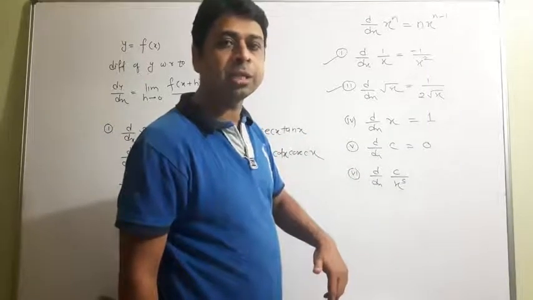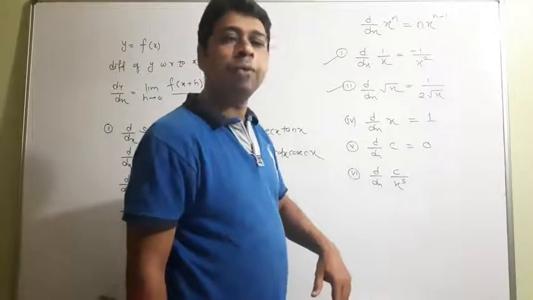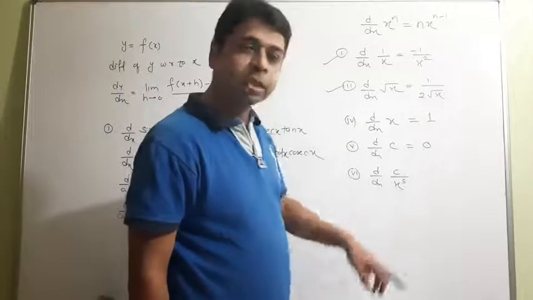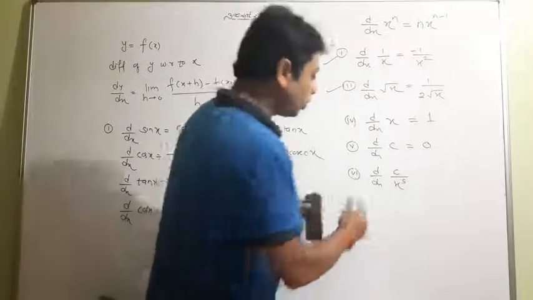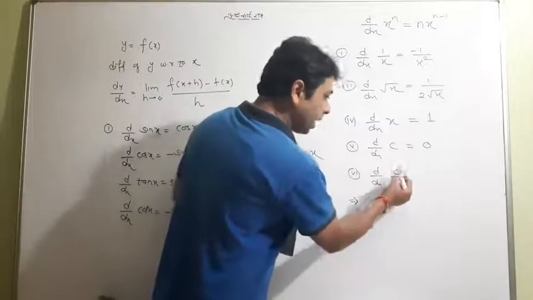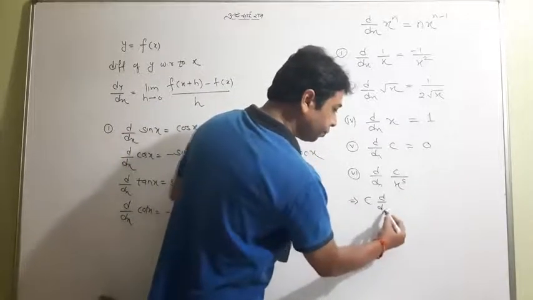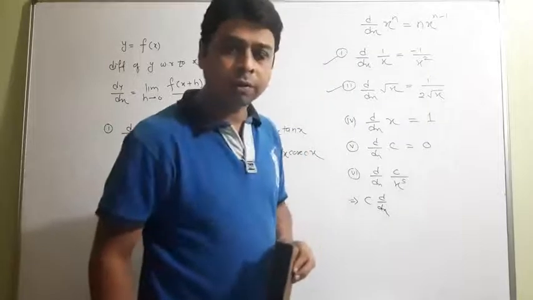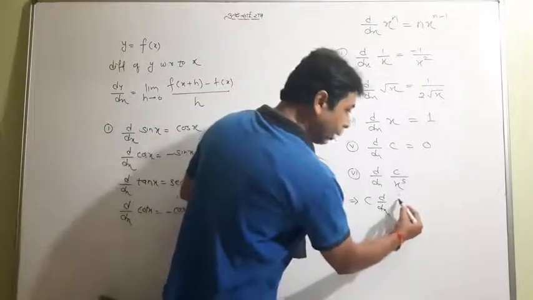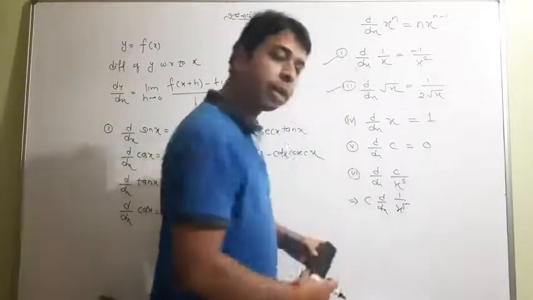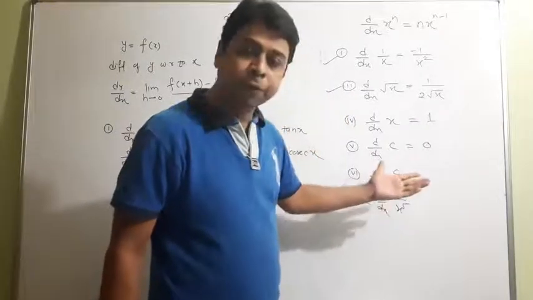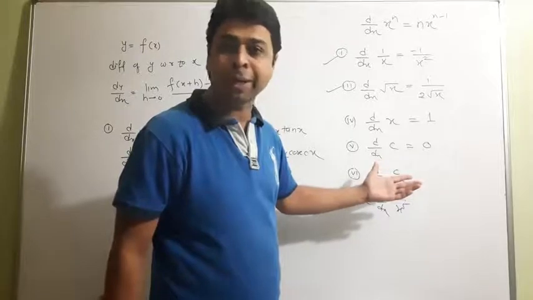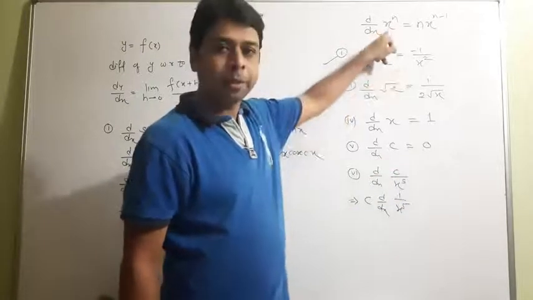In both cases the differentiation will not be 0, because x is coming along with it in the denominator or in the numerator. So in that case you can take c outside the d by dx, and only 1 by x to the power 5 remains. Now differentiate 1 by x to the power 5. By transferring x to the power 5 to the numerator, it will be x to the power minus 5, and use this formula.